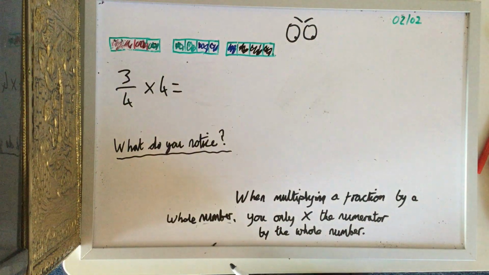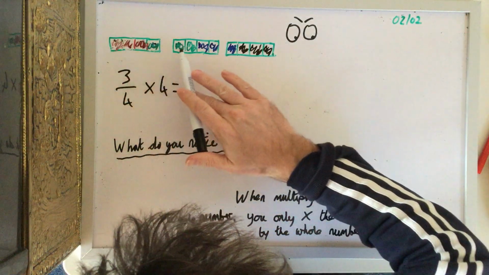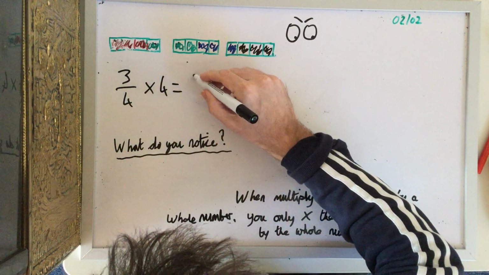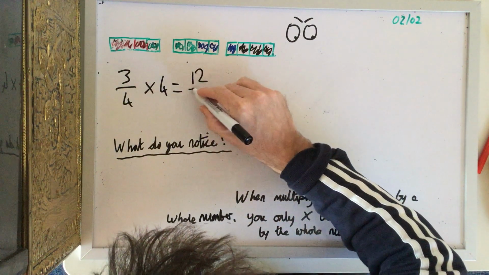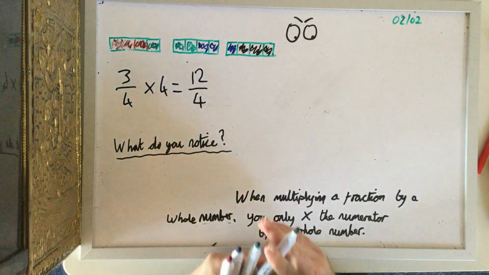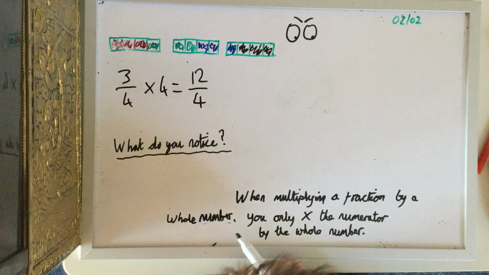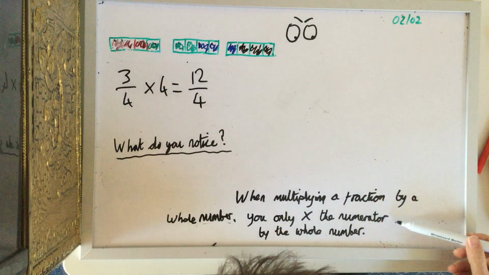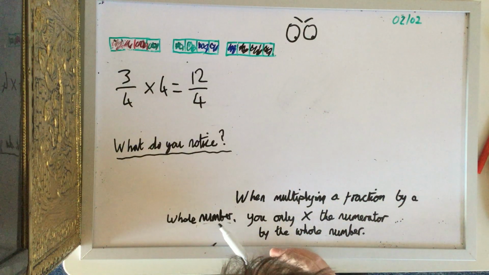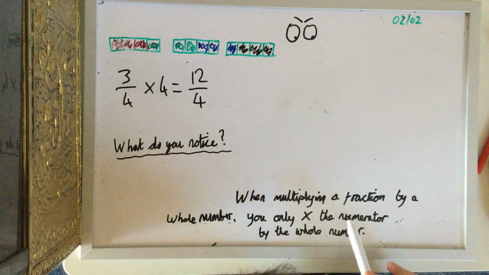Now if we count these up, we've got 4, 8, and 12, so 12/4. That's individually adding it up, but our method we looked at yesterday, our rule down here, says when multiplying a fraction by a whole number, you only multiply the numerator by the whole number.